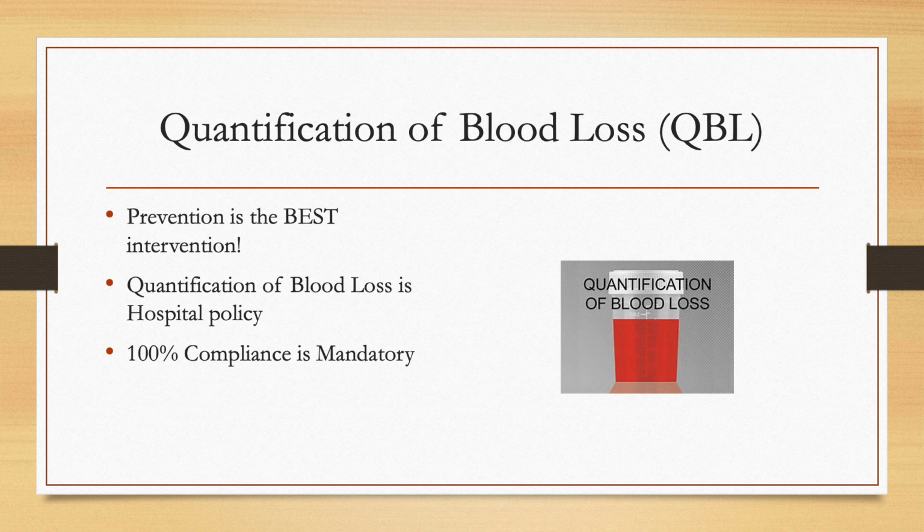The idea is that we want to make sure that our patients who are post-cesarean section are not losing more than 1,000 ml of blood after cesarean section within the first 24 hours, or more than 500 ml in a spontaneous vaginal delivery.